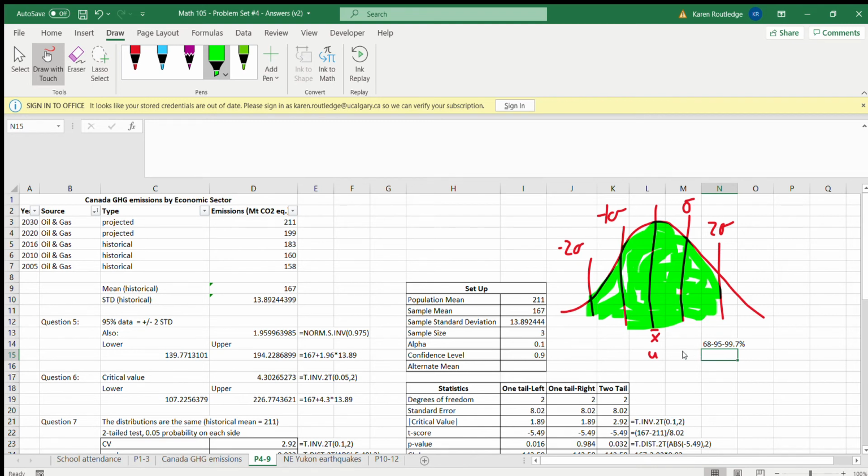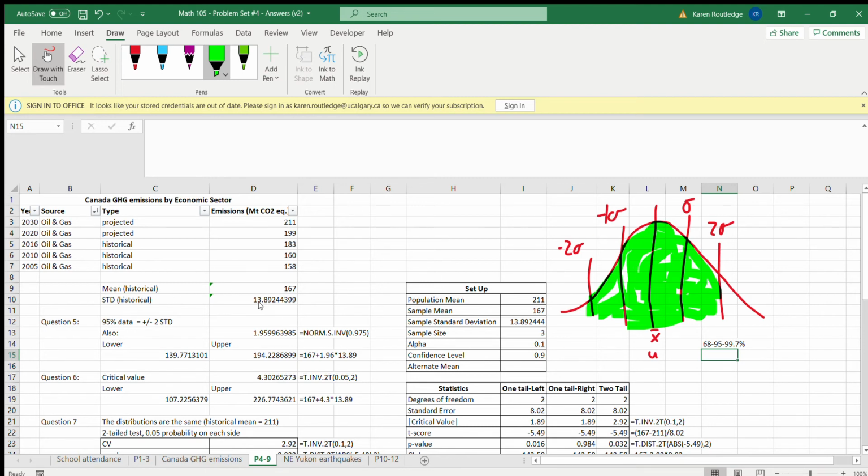And, of course, if we were to go out to 3 standard deviations, we would include 99.7% of the data. So in our particular question, we're looking for 95% of the data. Well, that's handy because we have part of our rule for 95%, and that 95% is at plus and minus 2 standard deviations. So we know that 95% of our data is within 2 standard deviations.